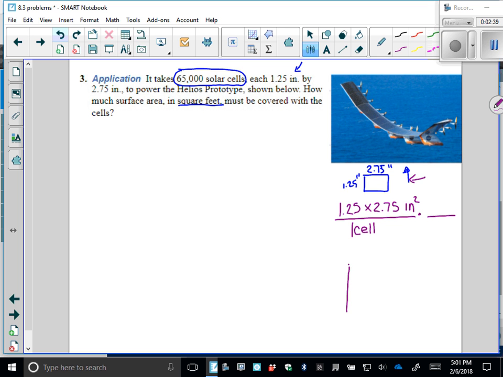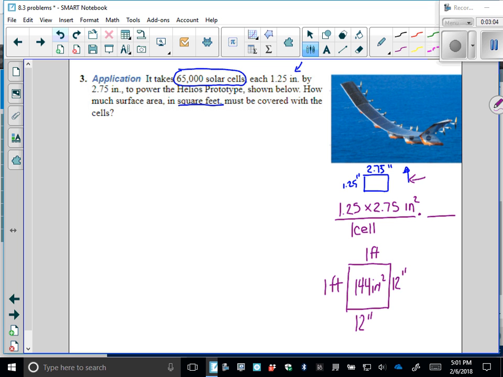So if I look at a square foot, if this is 1 foot, and this is 1 foot, this is 12 inches, and this is 12 inches. So we know that that's 144 square inches.